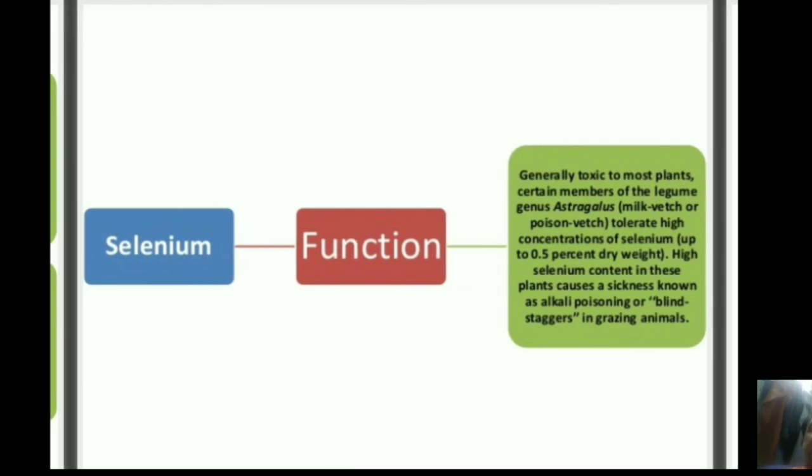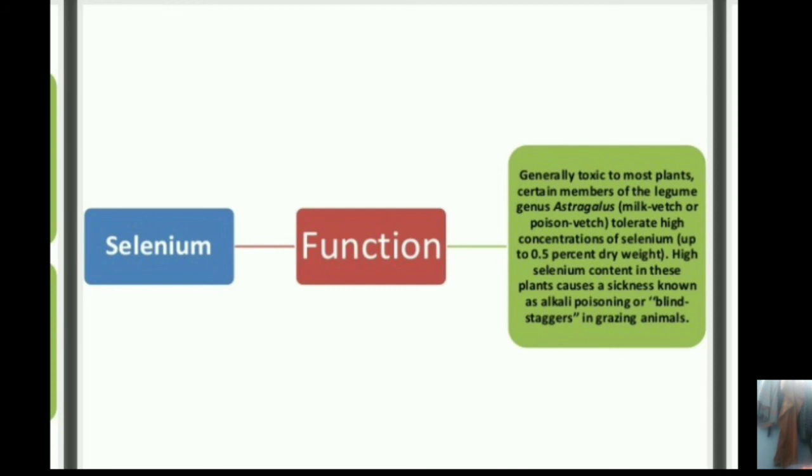When we see the functions of selenium, it is generally toxic to most plants, but certain members of the legume genus such as Astragalus, milkweed or poison vetch tolerate high concentrations of selenium, up to 0.5 percent dry weight. High selenium content in these plants causes a sickness known as alkali poisoning or blind staggers in grazing animals.